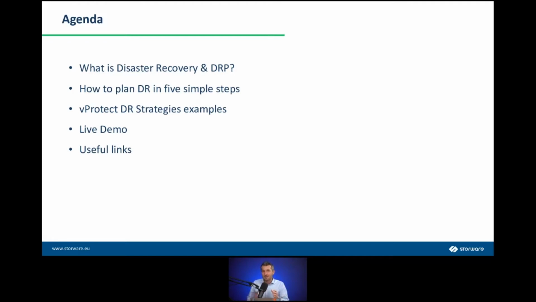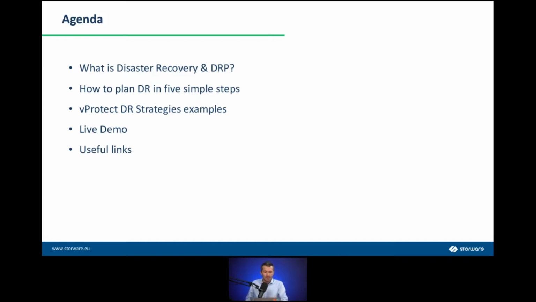So my agenda is that we first of all remind what disaster recovery and a disaster recovery plan are, why we should use it on a daily basis, and how we should implement this disaster recovery plan in 5 simple steps, or what we should be aware of when we do or update our existing DRPs.